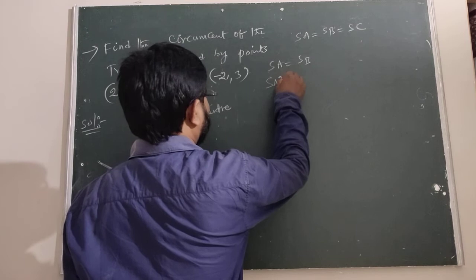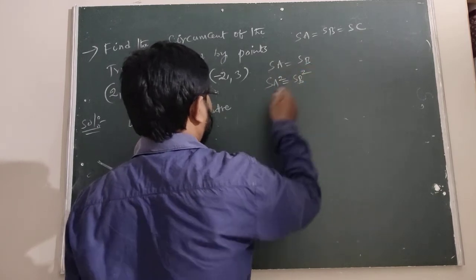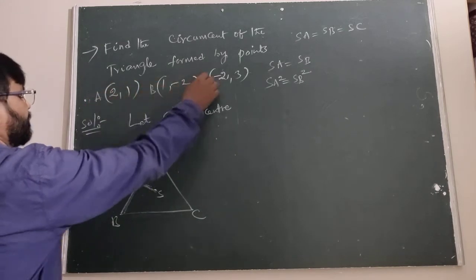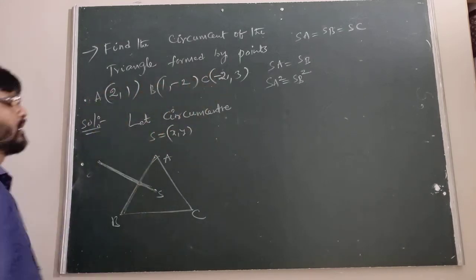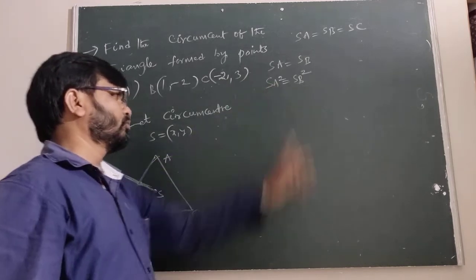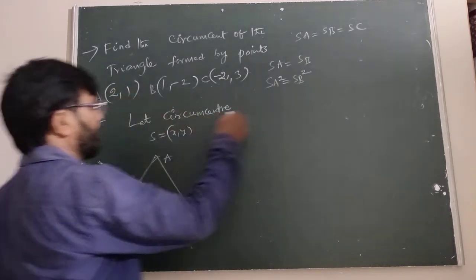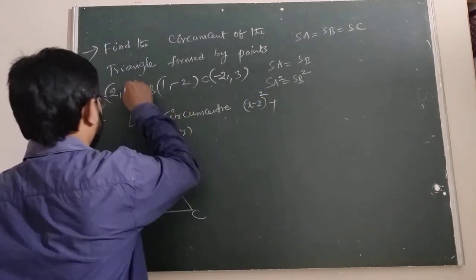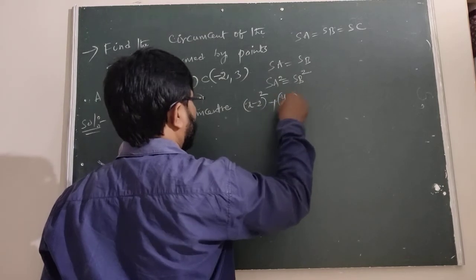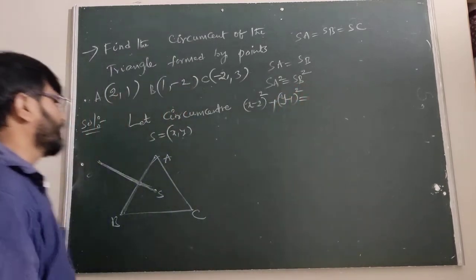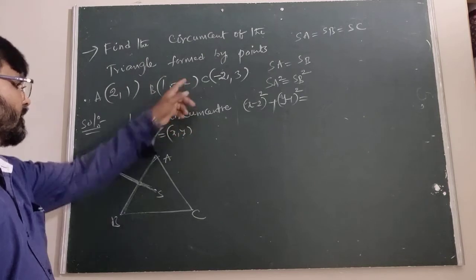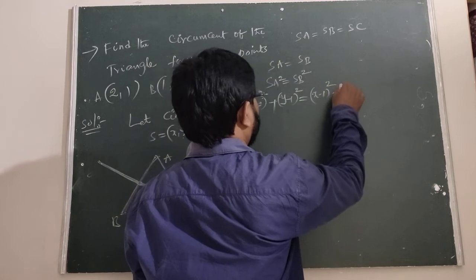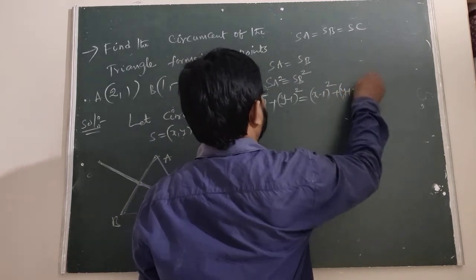Now squaring on both sides, SA square equals SB square. The given points are A, B, C. SA square is (x minus 2) whole square plus (y minus 1) whole square. SB square is (x minus 1) whole square plus (y plus 2) whole square.